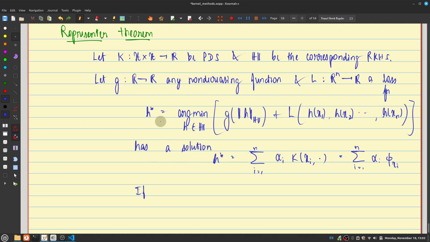So at least this statement says that if G is non-decreasing, now there could be multiple h which minimize this particular quantity, and there exists at least one h star which has the following form. But if G is strictly increasing, then every solution has the above form.